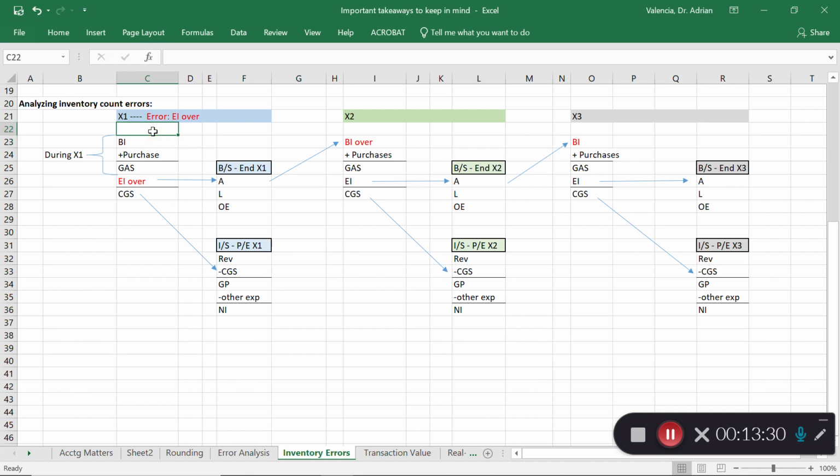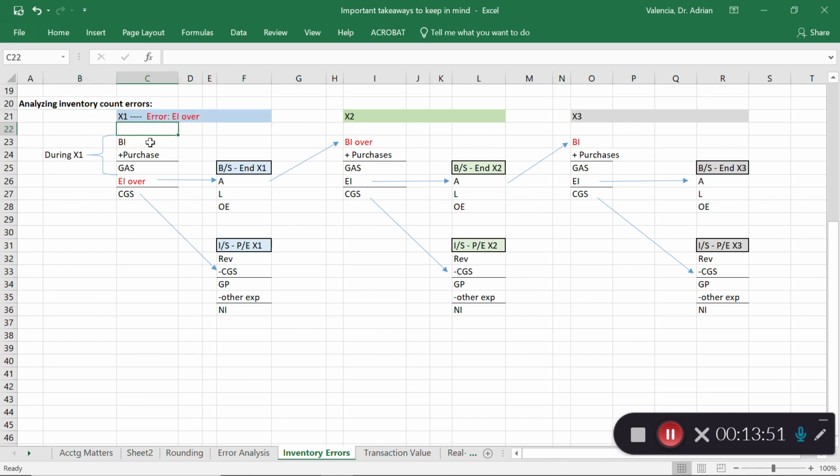So in other words, the only error is this thing where you overcounted your ending inventory, and everything else has to be perfect so that you can analyze one component at a time. And that goes for any error. Whenever you analyze an error, you always have to think about everything else being the same except that error you're trying to analyze.